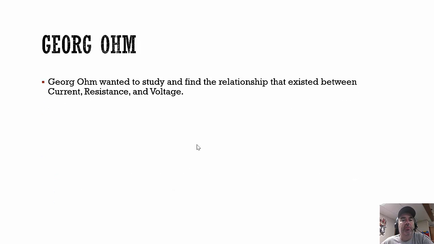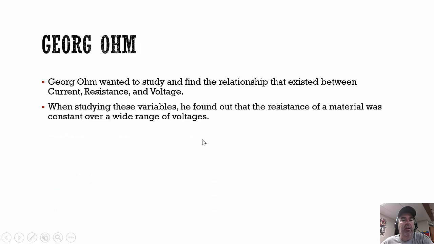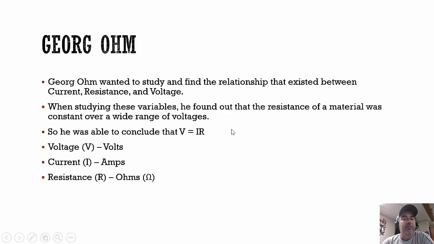He studied the relationship between these three variables, and what he found out was that the resistance in a material, whether we talk about a copper wire, a motor, things like that, was going to be constant across a wide range of voltages. Now, we're not talking about the low extremes or the very high extremes, but across a large middle portion, he found that the resistance of that material was constant.